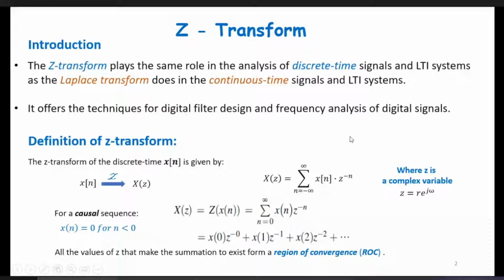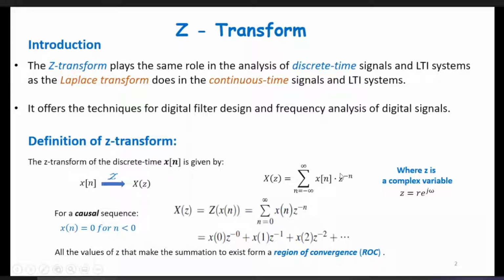Now, if you have the discrete time information x[n] and its Z transform is X(z), it is defined by this expression: X(z) is equal to the sum from n equal to minus infinity to infinity of x[n] z to the power minus n.